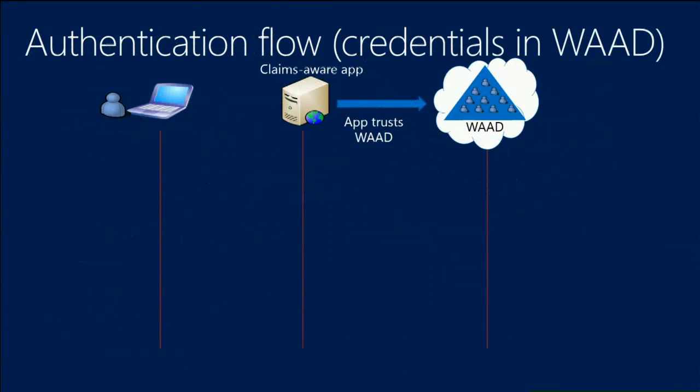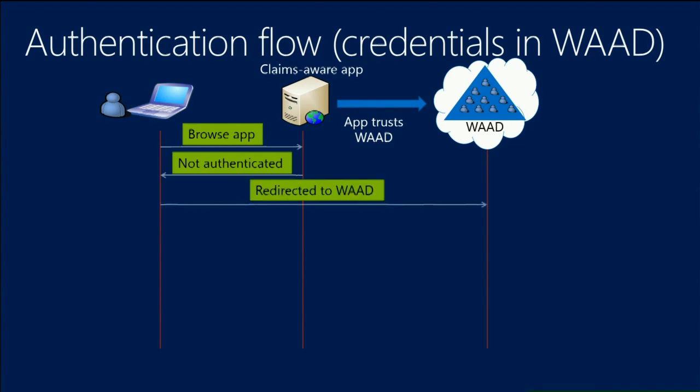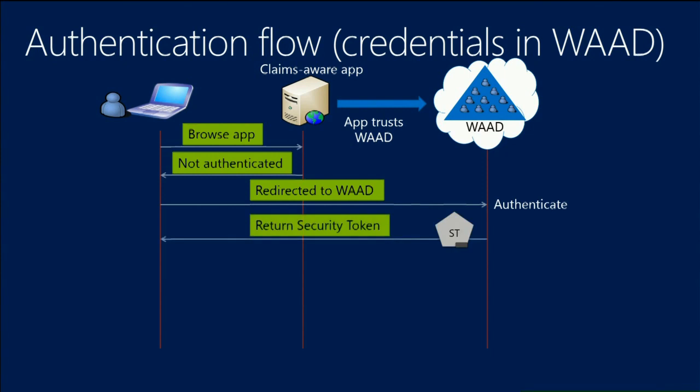Now, if we look at the authentication flow, there's our user over there, who hits a claims-aware application. The claims-aware application says, you're not authenticated, and sends back a message with a redirect on it, which redirects you up to the authentication provider that application trusts. So here, the application is trusting WAD. It's redirected to WAD. We do an authentication there, and it returns a security token.